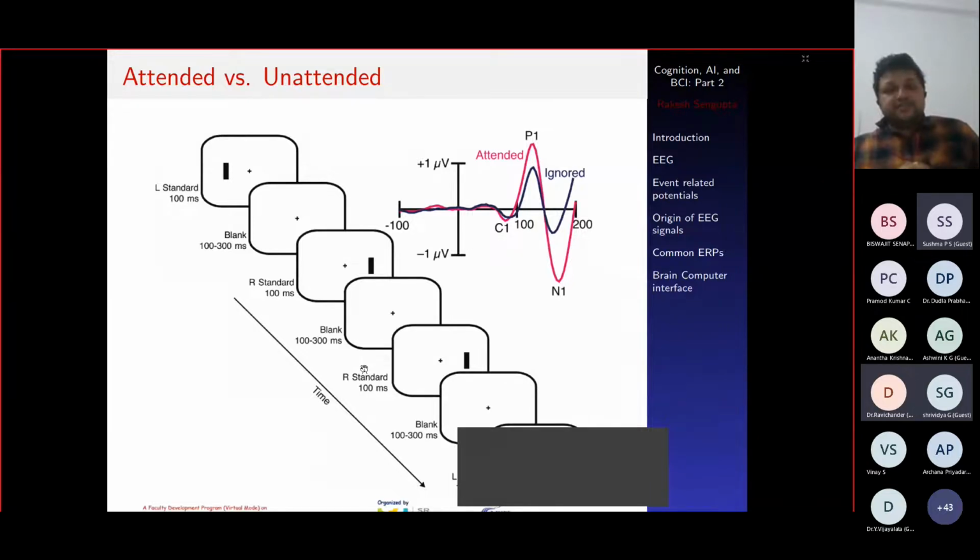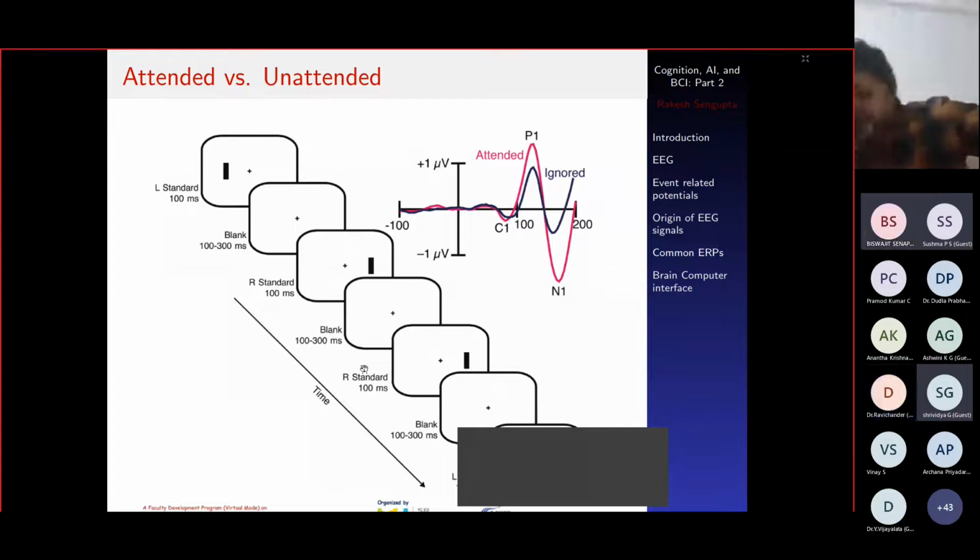Then at the University of Hyderabad, we had 64-electrode Neuroscan machines. But as you go higher in electrode count, the price of the equipment increases, of course, exponentially. Currently, we have a 64-electrode EEG machine.